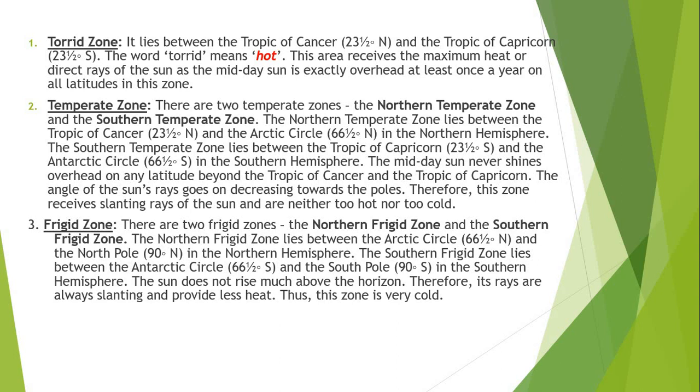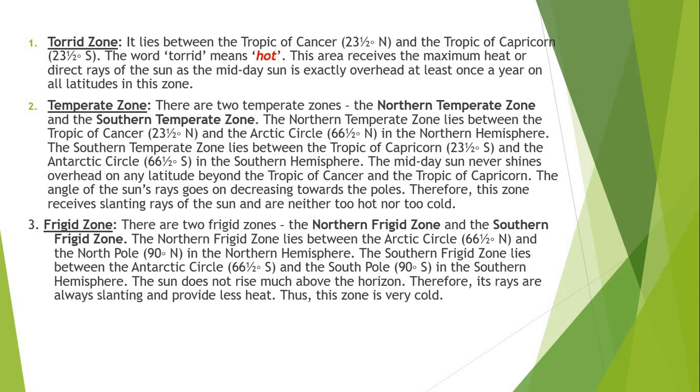The midday sun never shines overhead on any latitude beyond the Tropic of Cancer and the Tropic of Capricorn. That is the reason why this zone receives slanting rays of the sun and is neither too hot nor too cold.